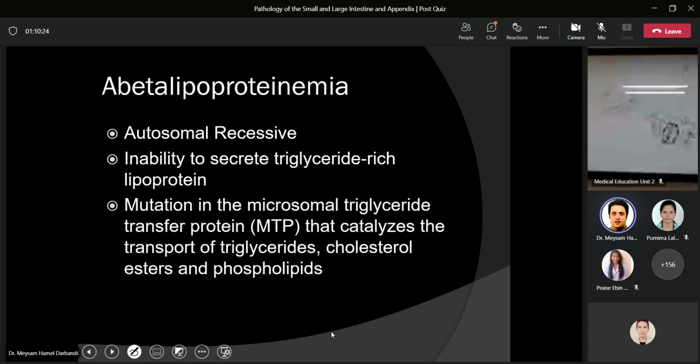I want one of you to explain to me what abetalipoproteinemia is. Let me ask someone from Thailand. What is the meaning of abetalipoproteinemia?